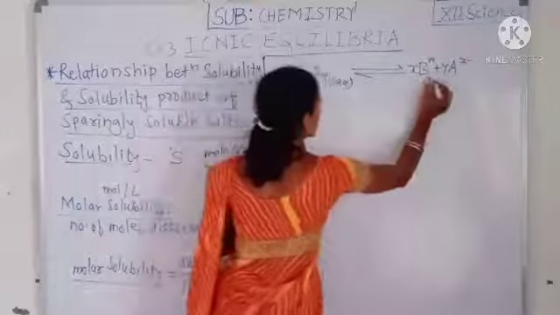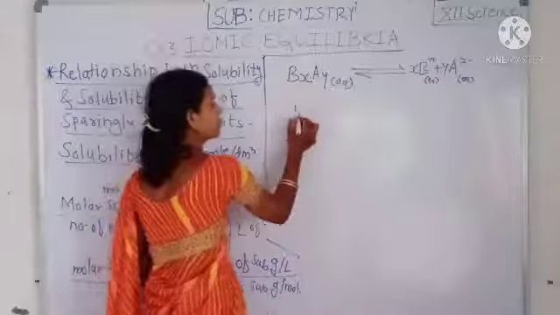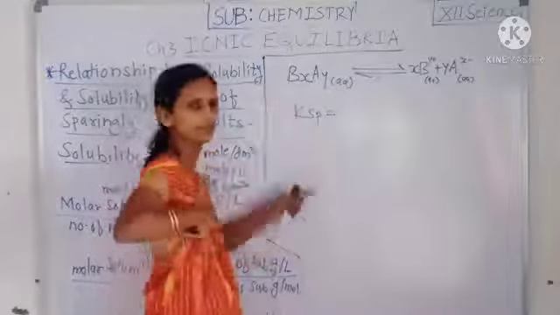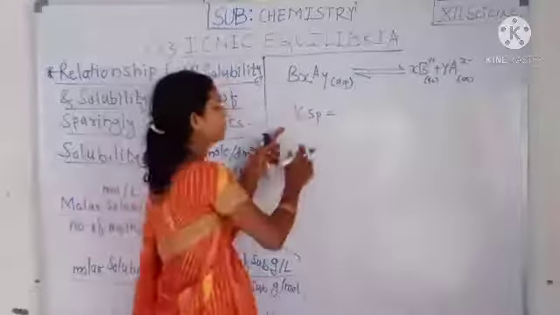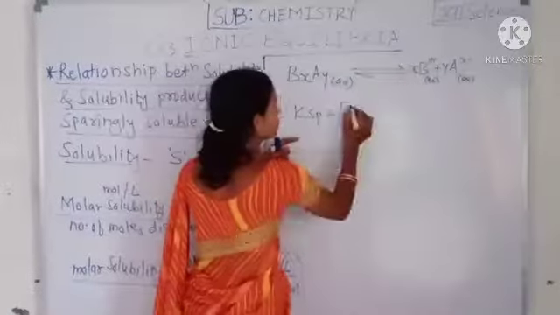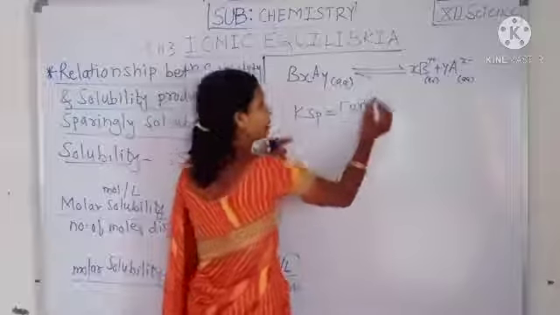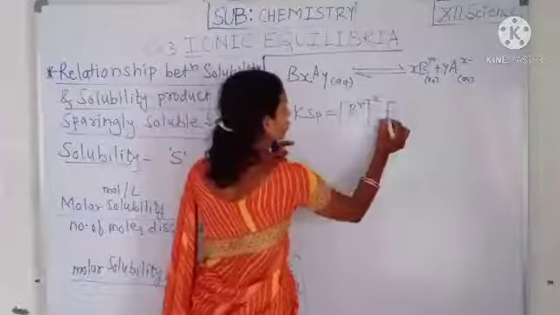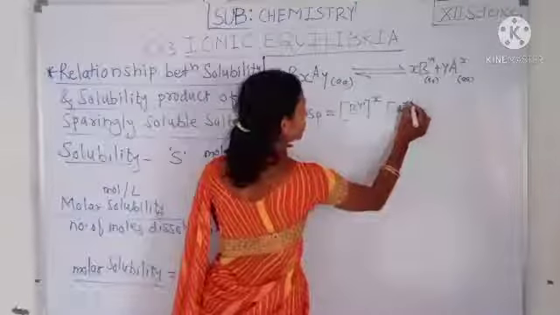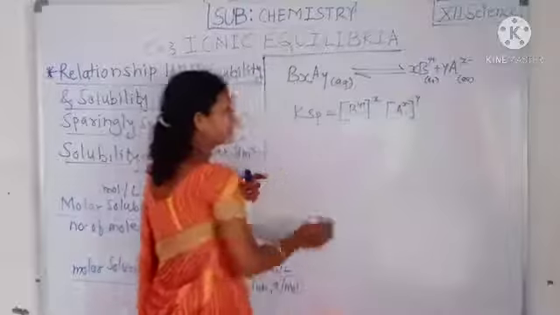Then the equation for this solubility equilibrium is Ksp equals the concentration of B raised to y plus ion raised to x, into the concentration of A raised to x minus ion raised to y.